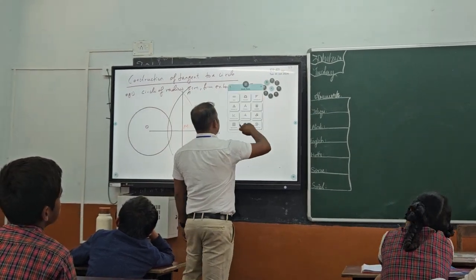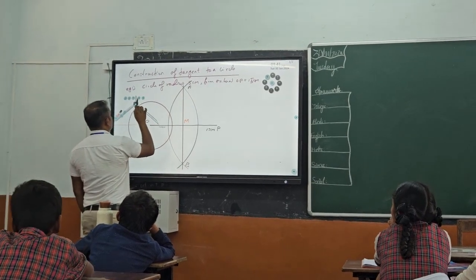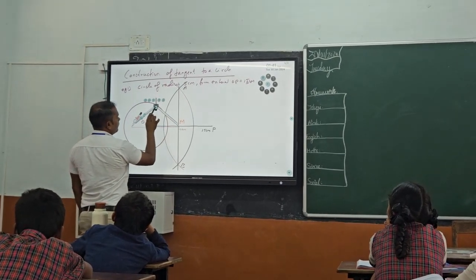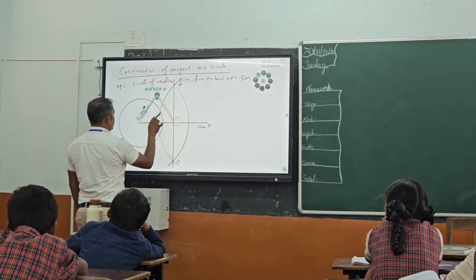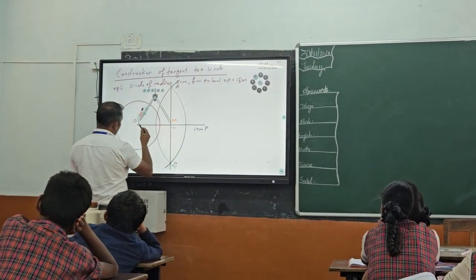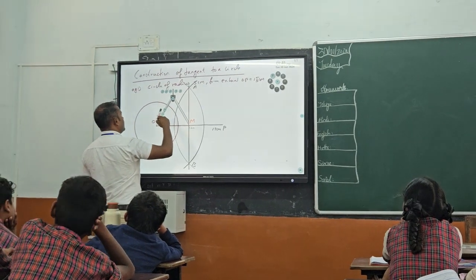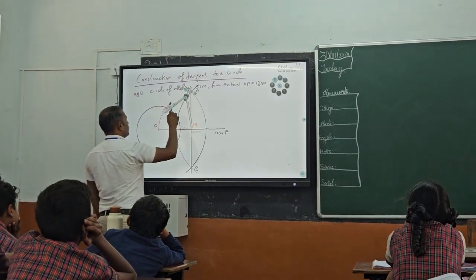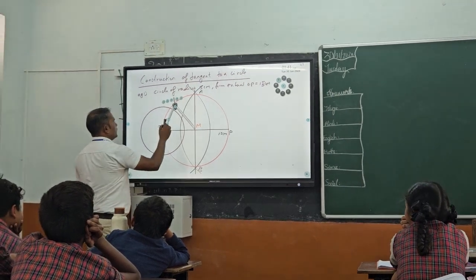Again, with the help of the compass, taking M as the center and with radius MO or MP, draw a circle.